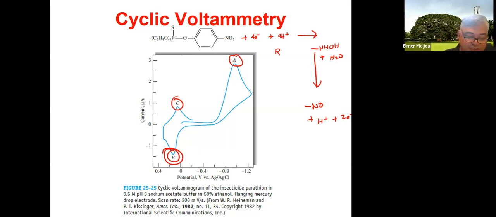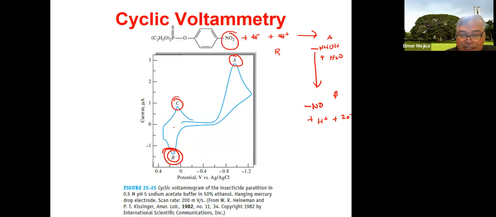So this is the oxidation of the hydroxylamine to a nitroso derivative during the reverse scan. So from the nitro that you have here, it becomes the hydroxylamine. Okay. And then from the hydroxylamine, it becomes nitroso. So this is, we could say, the B. This is the A, this is the B.